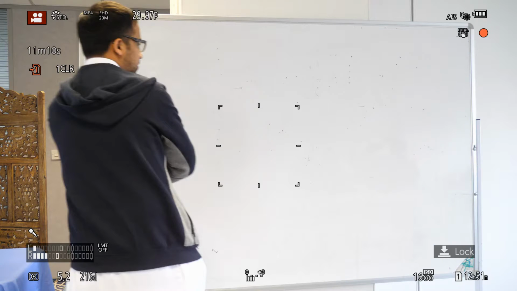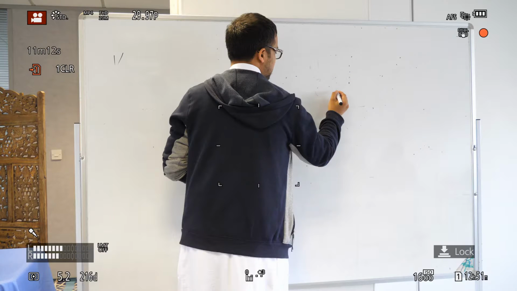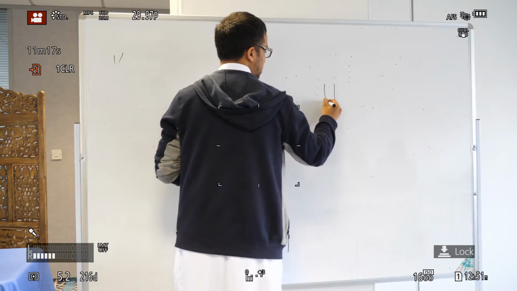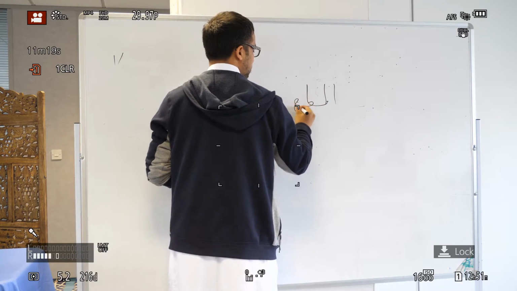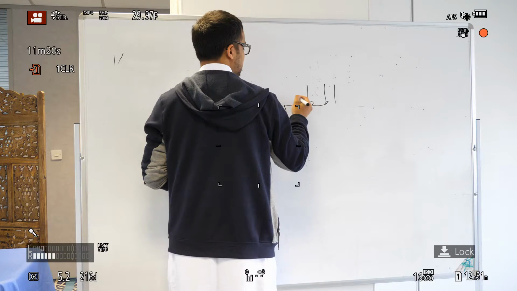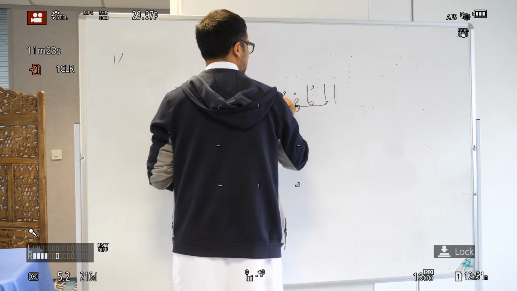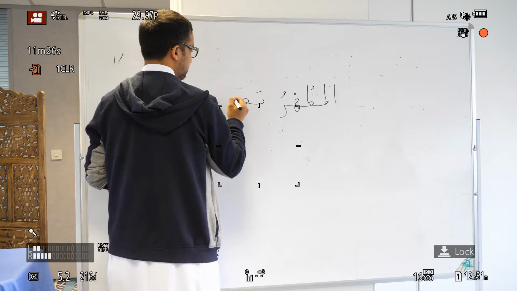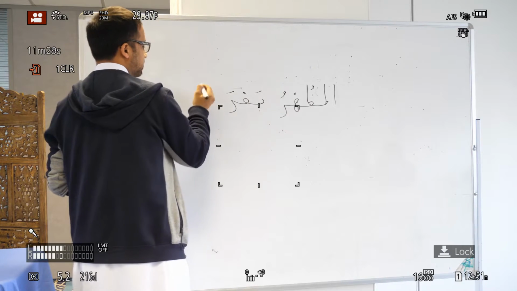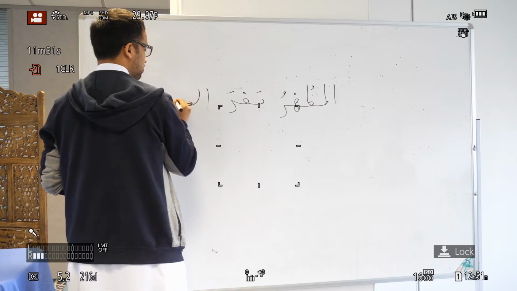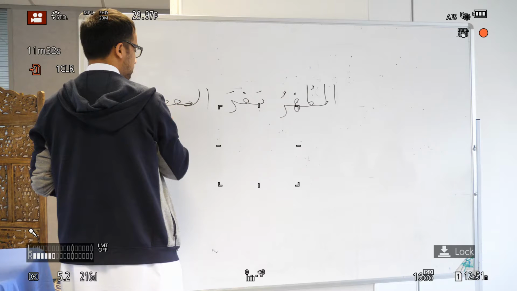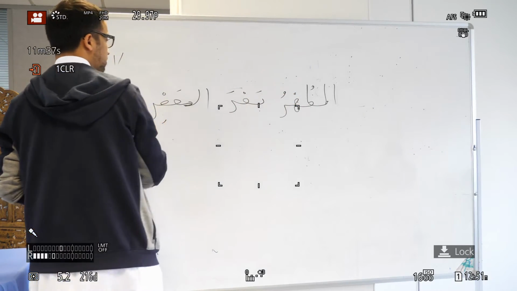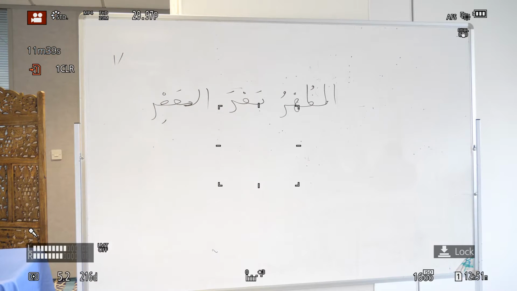So, for example, if I was to say al-ẓuhru, I want to say ba'da al-'aṣri. Al-ẓuhru, the Dhuhr prayer is after the Asr prayer.